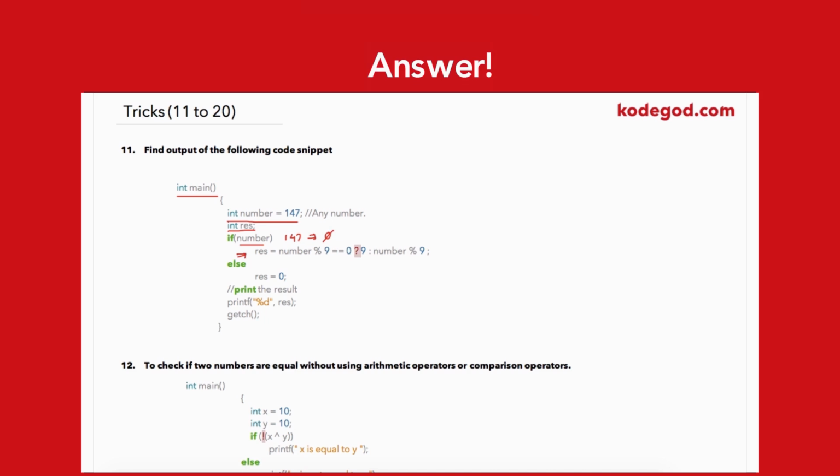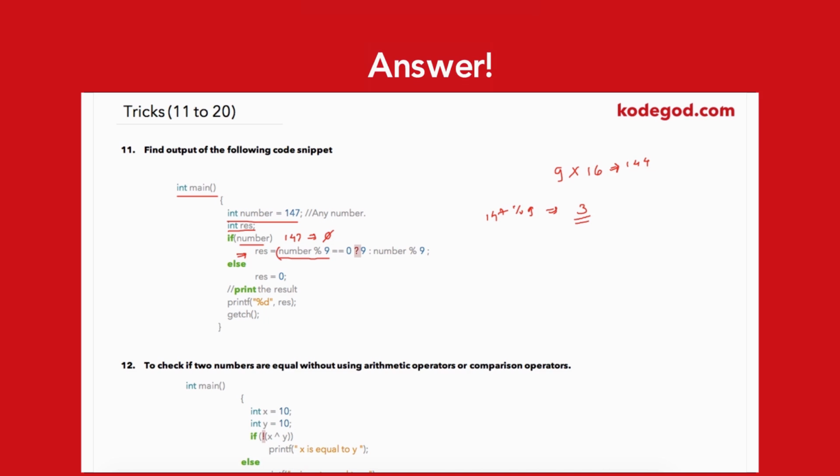So this code block will be executed. So what we have over here is result equal to number modulus 9. So 147 modulus 9 will give us 3, because 9 16s is 144. Hence we have remainder as 3.